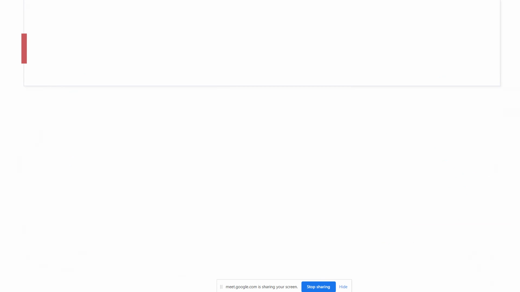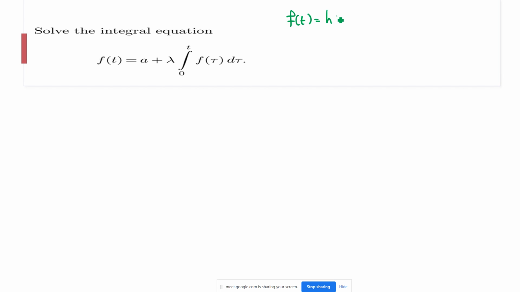Okay, so now we will be solving this integral equation. What we have learned, let us write it in 2 lines. Suppose I have the equation f of t is equal to h of t plus lambda times the integration from 0 to t of g of t minus tau f of tau d tau.